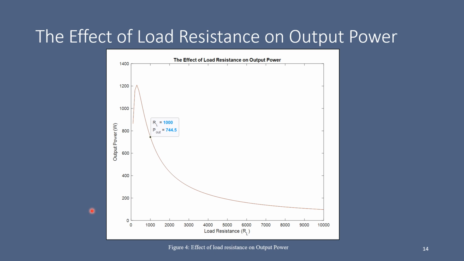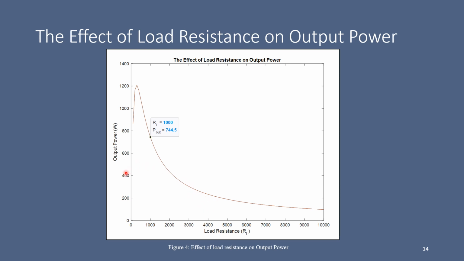This graph now shows the effect of the load resistance on the output power, whereby since we kept our load resistance at 1000 ohms, we have an output power of 744.5 watts. Increasing the load resistance further would mean that the output power gradually decreases.